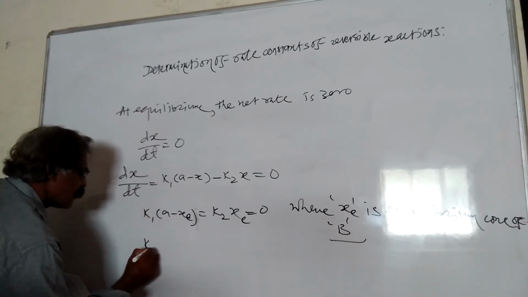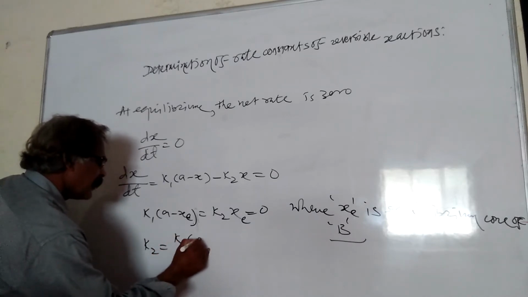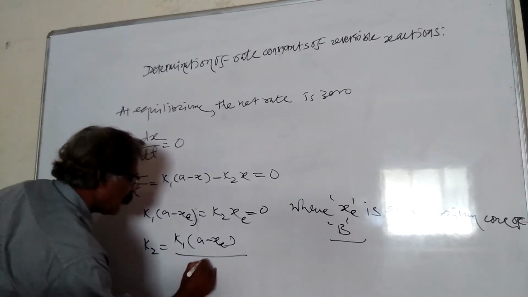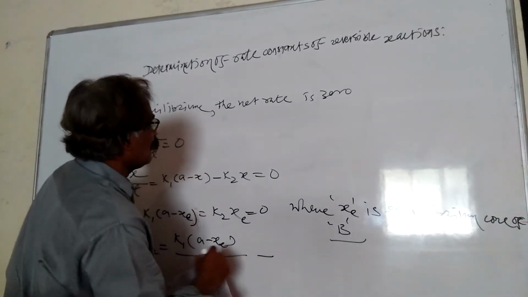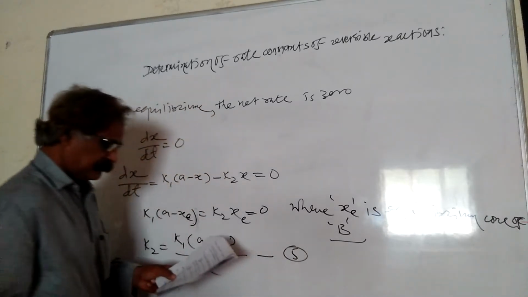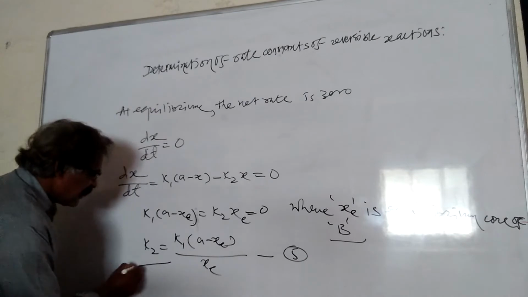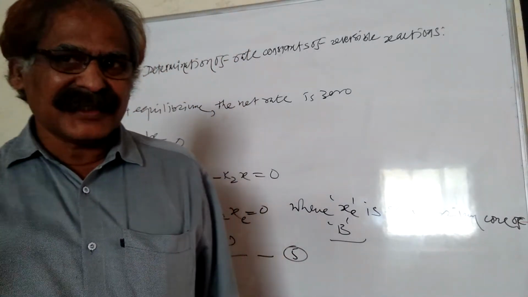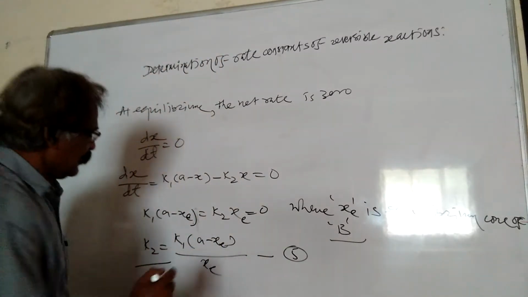So K2 will be equal to K1 into (a minus xe) upon xe, equation number 5, where K2 represents the rate constant of reverse reaction or backward reaction.